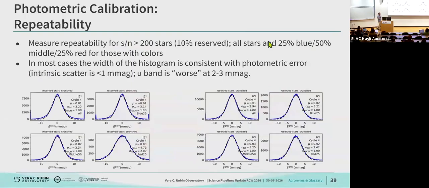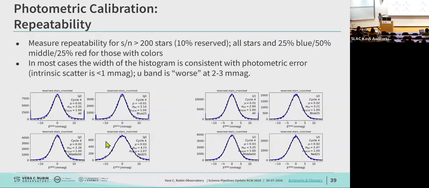In the end, the repeatability measured with 10% reserved stars for signal to noise greater than 200. Each of these histograms is, this is all stars, 25% bluest, middle 50%, and 25% reddest in that band.